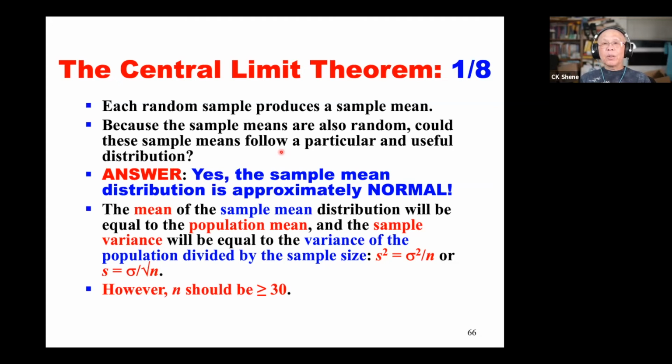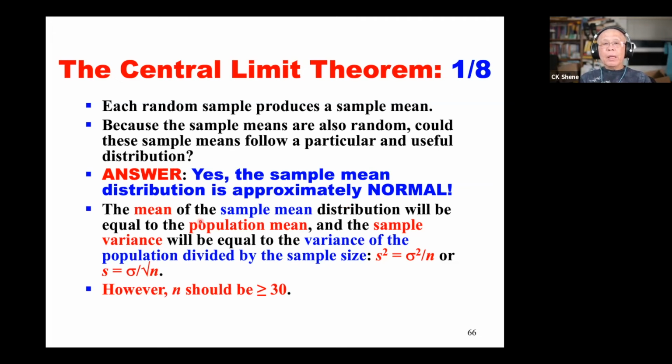To answer this question is very, very crucial. The answer is yes. The sample mean is computed from random data, so the sample means also form a distribution, and fortunately, it's approximately normal. It's a very beautiful result.